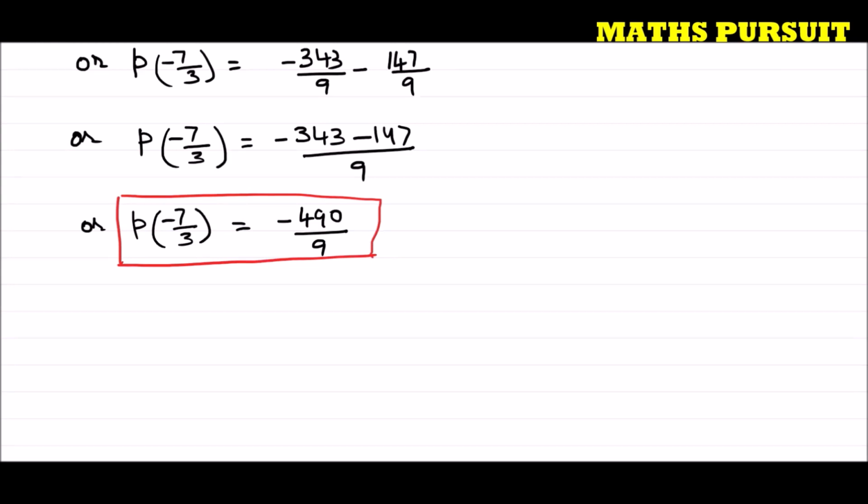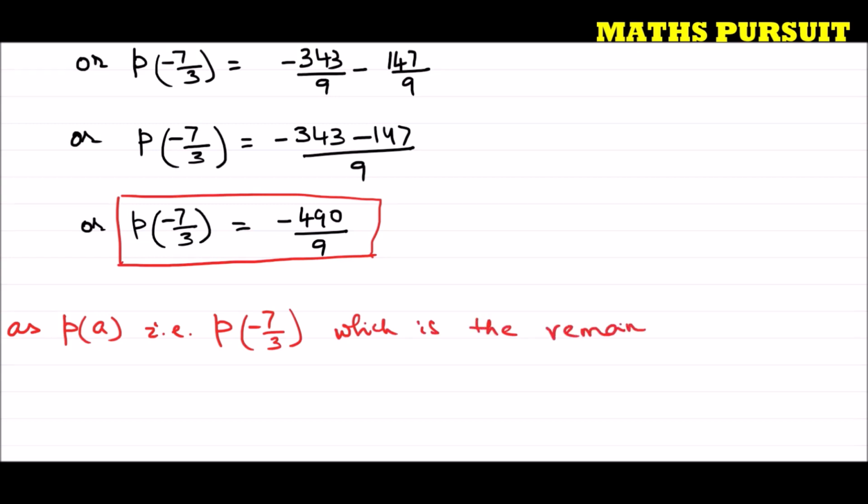So we can say that as P(-7/3) is not 0, as P(-7/3), which is the remainder, is not 0, hence g(x) is not a factor of P(x).